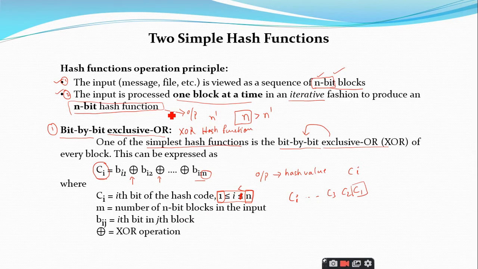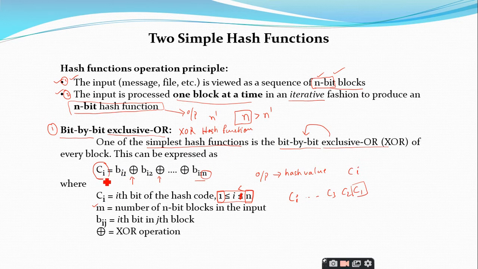As I told you in the first general principle, the given input is divided into n bit blocks, and the number of n bit blocks we are considering here is m.